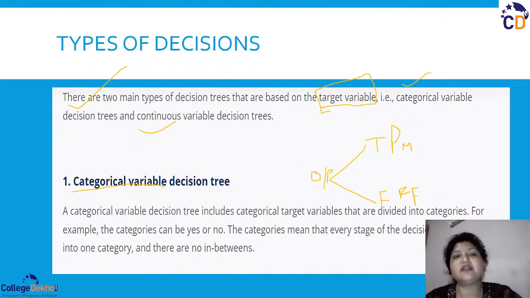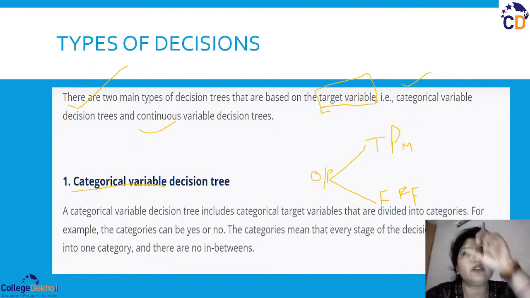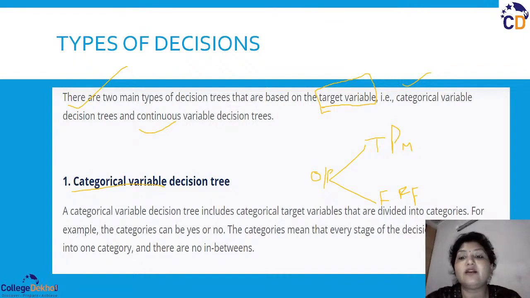Or the mail that you have received in your inbox may be spam or not spam. So whenever your output variable is a categorical type of variable, it is holding values that fall under some categories.